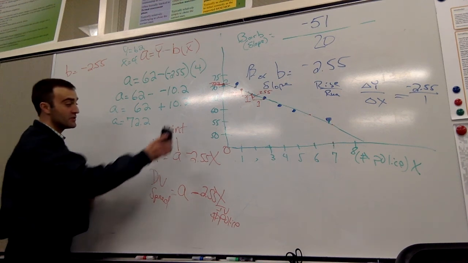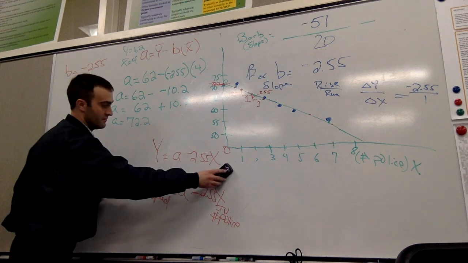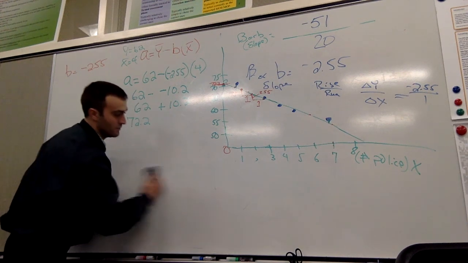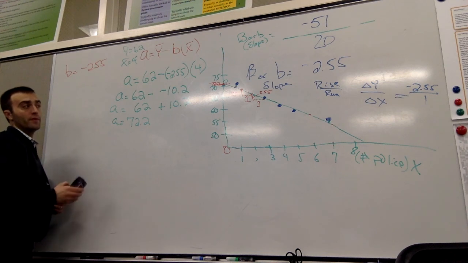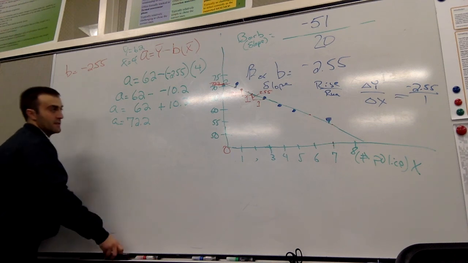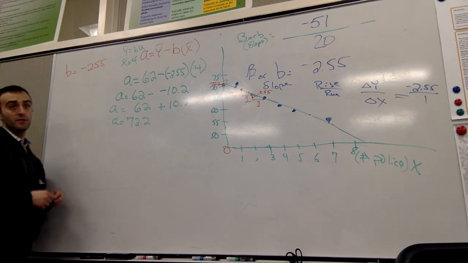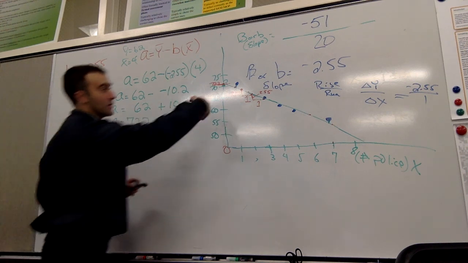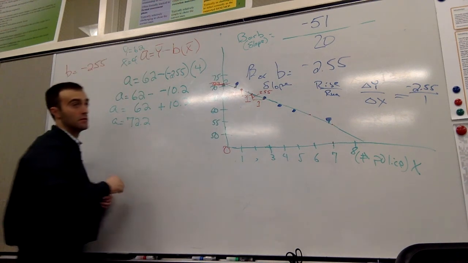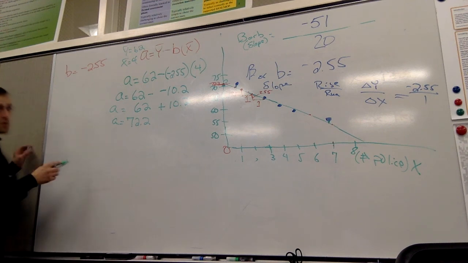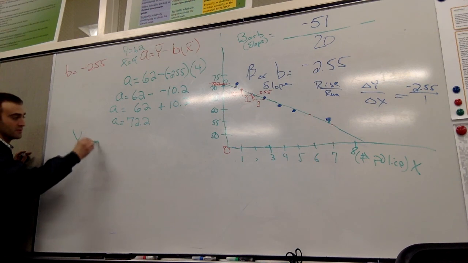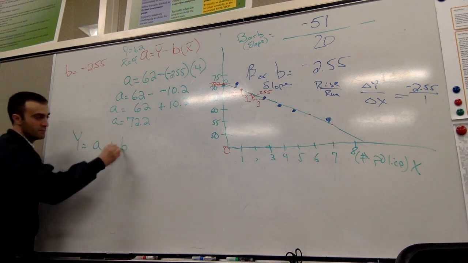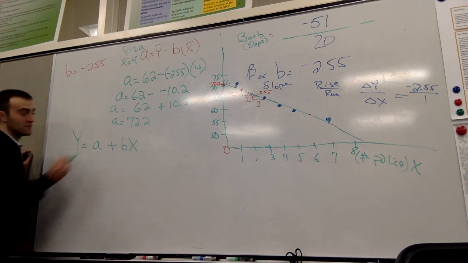Therefore, now the equation of the line. The line or the slope? The equation of the line has to have an intercept. The slope is just the angle, how steep it is. Now it's hitting there at 72.2. So we want to say y, our dependent variable, equals a or alpha plus beta or b x.